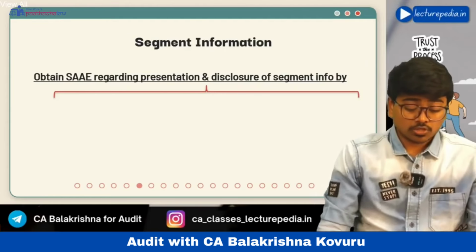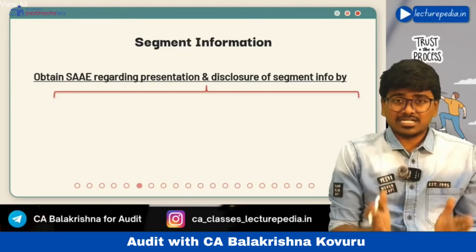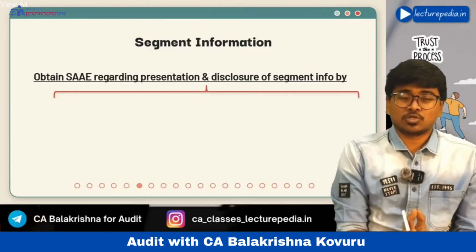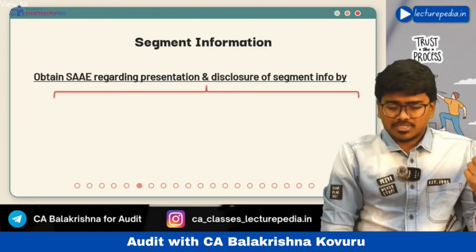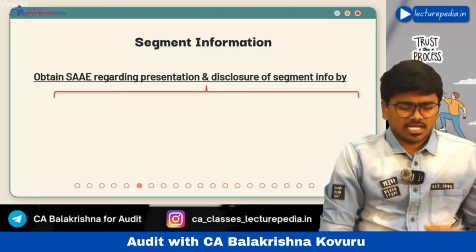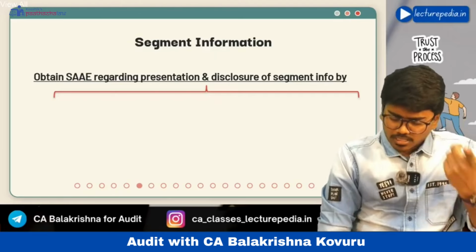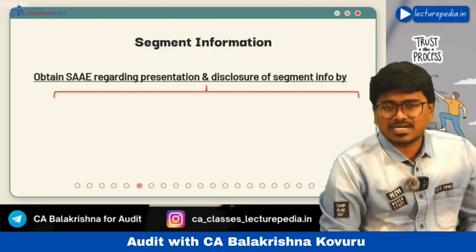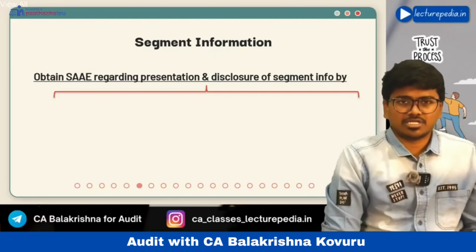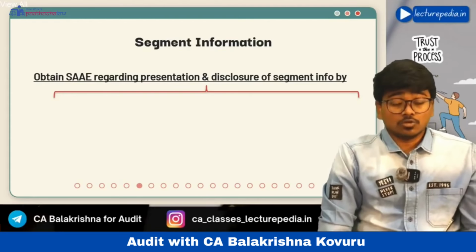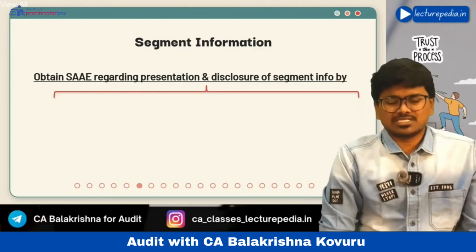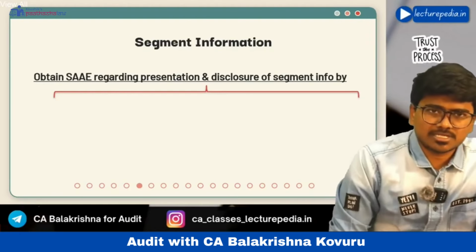Now whether this segment information has been properly disclosed and presented or not, that you have to see. Basically there will be an applicable standard. I don't exactly remember the accounting standard or Indian accounting standard number for this segment information, but there is a standard that deals with segment information. So you have to disclose the segment information as per that standard.